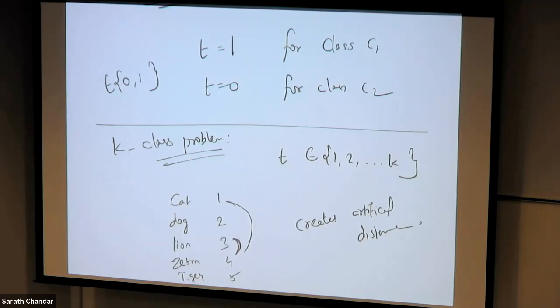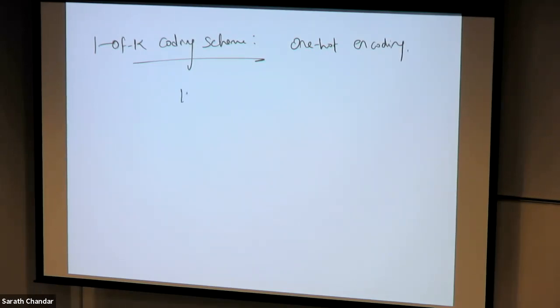Now, if I don't use the structure, then what would be a better way to represent the classes? What we will commonly use is known as the 1-of-k coding scheme, or you might have seen this in many other courses as one-hot encoding. If you have k equal to 5 classes, let's go to the same example: cat, dog, zebra, lion, tiger.